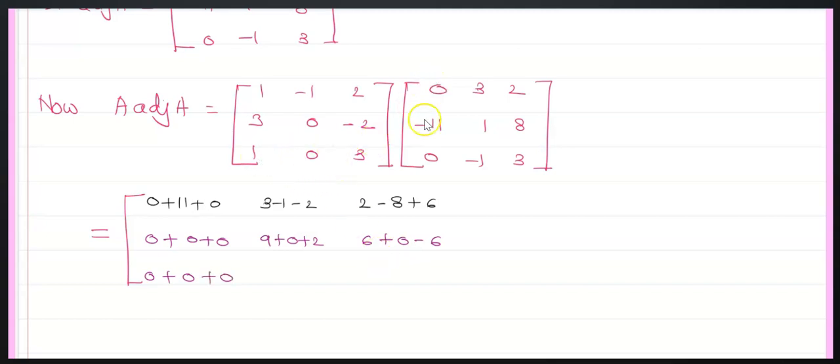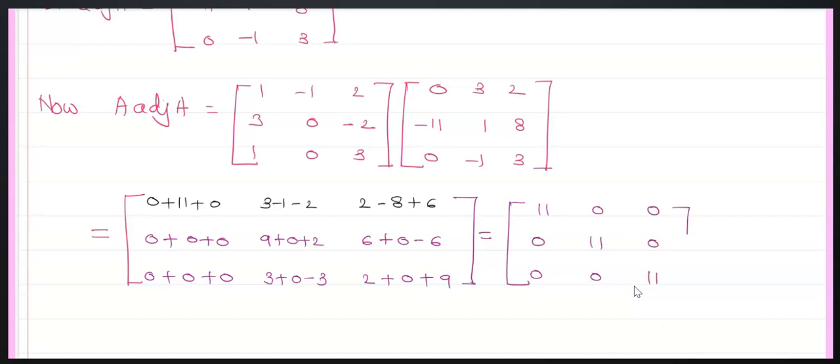And third row, first column, third row, second column, 3, 0, minus 3, and third row, third column, 2, 0, 9. Therefore this is 11, 0, 0, 0, 11, 0, 0, 0, 11.